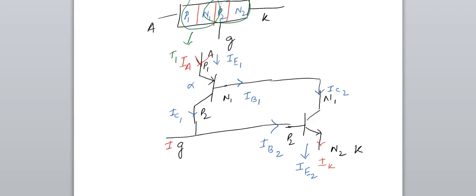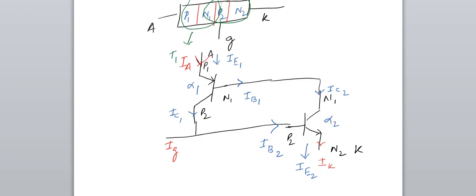The red lines tell you about your SCR terminology, that is anode current, gate current, and cathode current, while blue tells you about the transistor currents. Here alpha 1 is the current gain of transistor 1, and alpha 2 is the current gain of transistor 2.